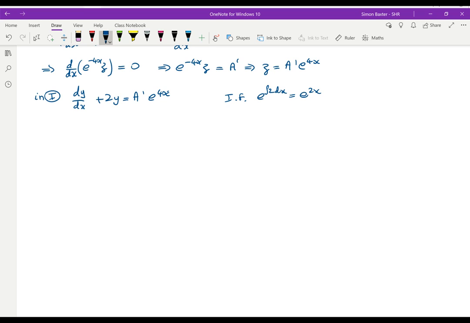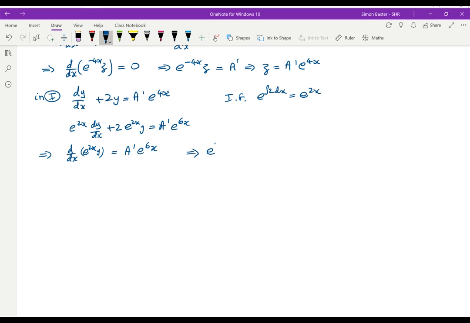Multiplying both sides by e to the 2x, we get e to the 2x dy by dx plus 2e to the 2x y equals a dashed e to the 6x. Whole purpose of doing this, d by dx of e to the 2x y is a dashed e to the 6x.